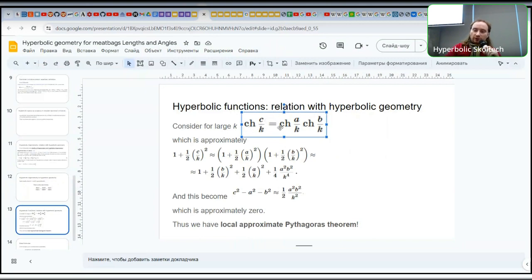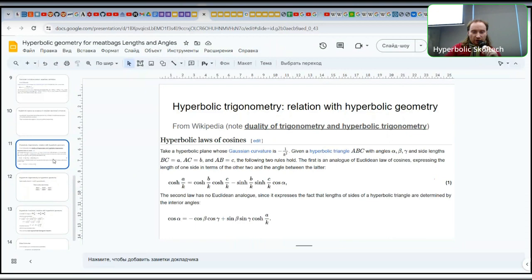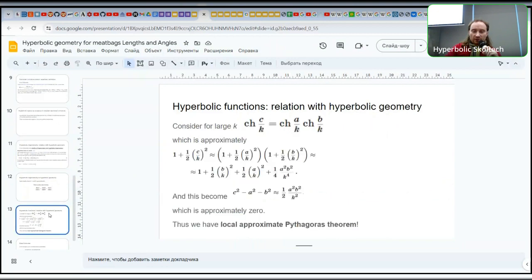We have this law, which is a particular case of the hyperbolic law of cosines. There are lots of hyperbolic trigonometric laws, as I already said, but those are maybe the most useful for computations, so I just present them to you.